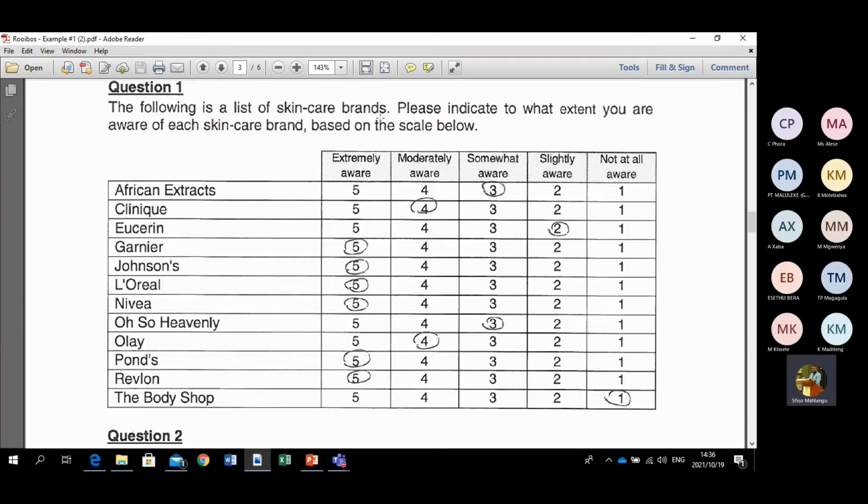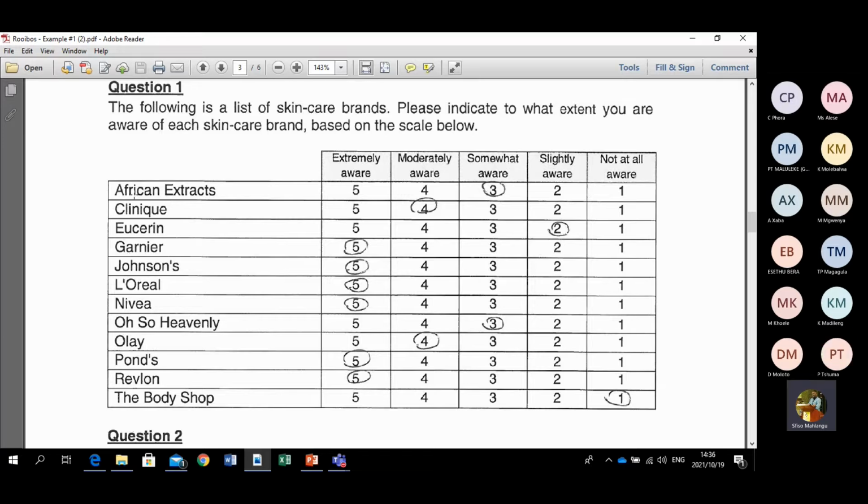Indicate to what extent you are aware of each skincare brand based on the scale below. The company we're doing this research for is the first one in this list, called African Extracts. Respondents could circle that they are somewhat aware, and for companies such as Nivea, Pond's and Johnson's, this respondent said they were extremely aware. So this was one person completing this questionnaire.